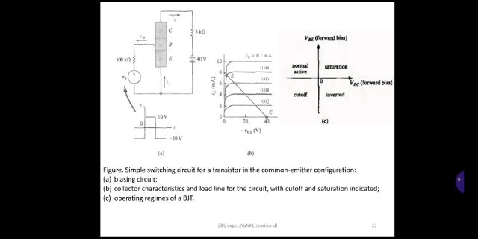In this state, the collector current IC flows with only a very small voltage drop VCE. So this is the other condition of the transistor, that is the on state. We have seen the off state as well as the on state of the transistor.